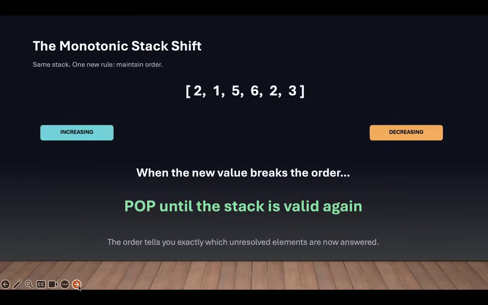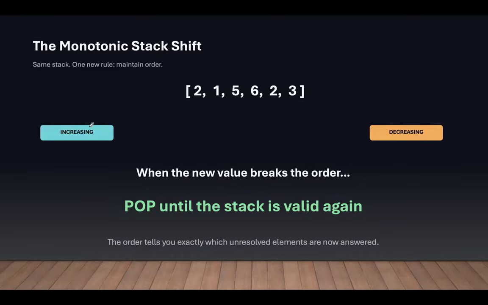And coming to the monotonic stack question, we have the same stack, but with a strict rule added to it. The strict rule is that we have to maintain order inside the container, or the stack. As we iterate through the array, we have a waiting room.